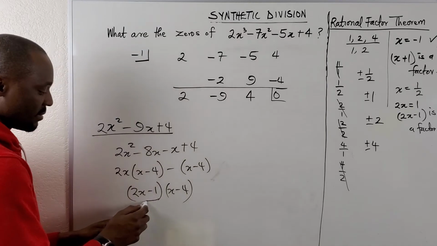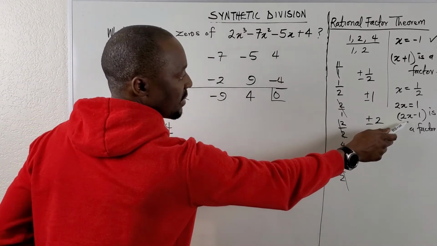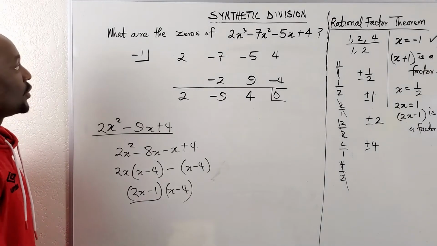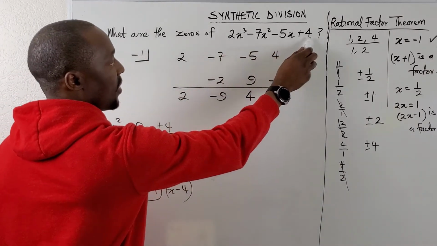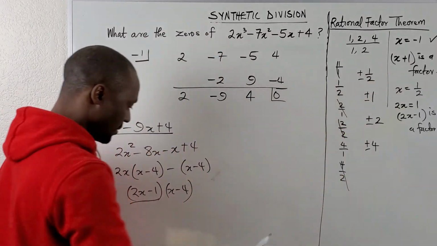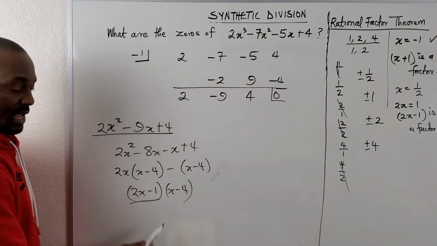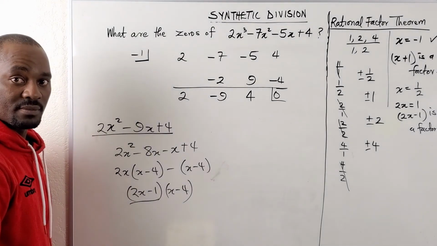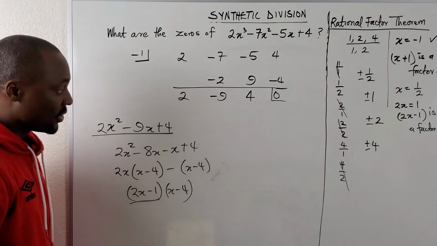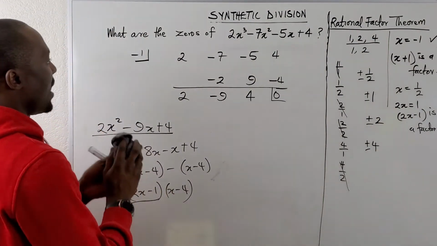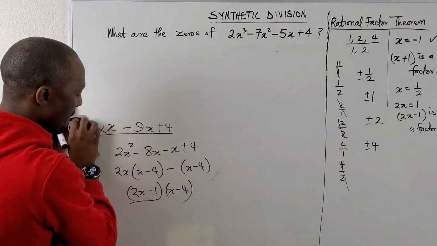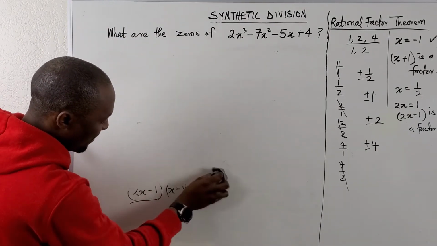You see this 2x minus 1 is what we got here. Okay, so this is what we were looking for, x minus 4. So the entire factors of this polynomial are x plus 1, 2x minus 1, and x minus 4. So that's how that works. So let us write our answer. I'm going to erase this, now that I know what all the factors are.